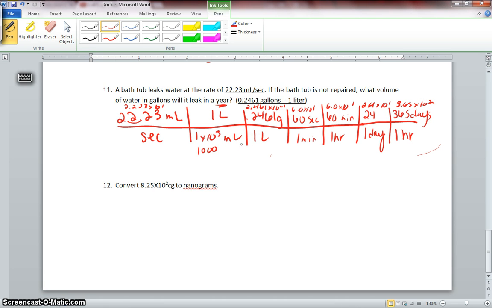On the bottom I'm okay because it's all ones. So if I have 1 plus a negative 1 plus a 1 plus a 1 plus a 1 plus a 2.